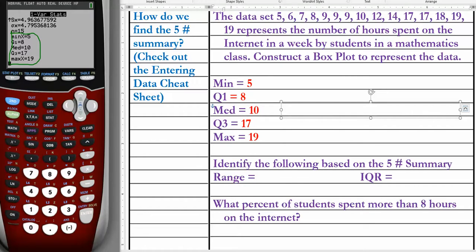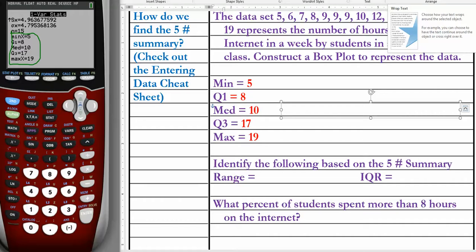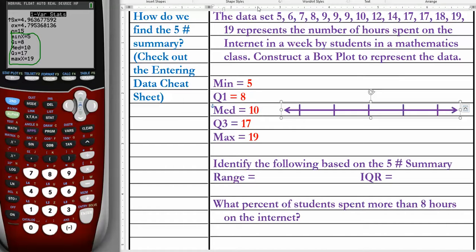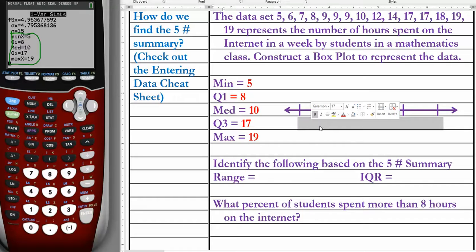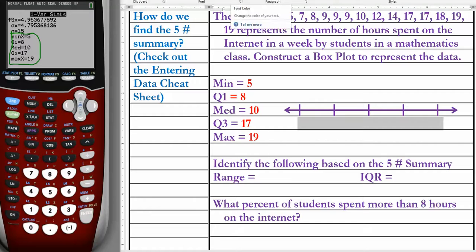So how do we go about drawing this box and whisker plot? Well, first things first, you need a number line. And on that number line, you need to label your tick marks. You could go with many more, but because of Microsoft Word and me using the computer, I just went every 5. So there's going to be some estimation on my part when I draw this.